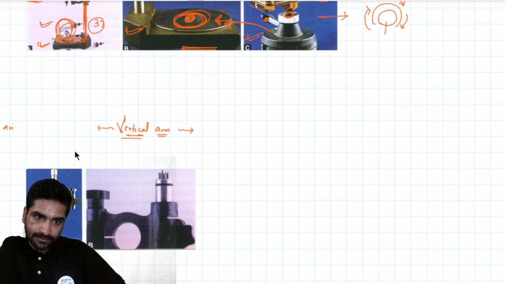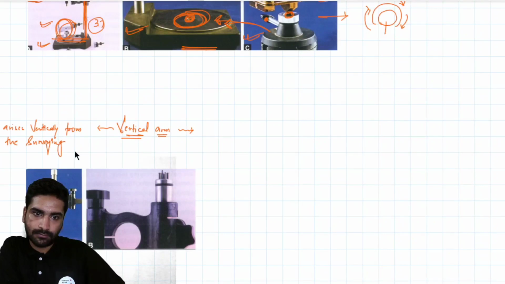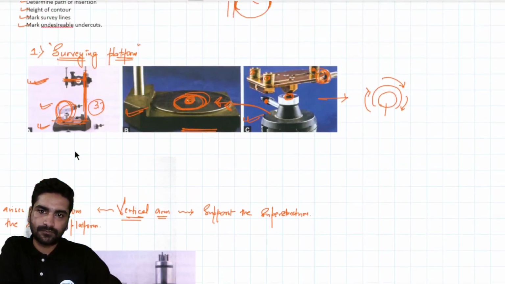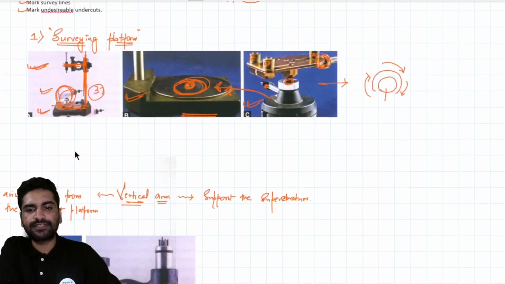It arises vertically from the surveying platform. Second, it supports the superstructure.